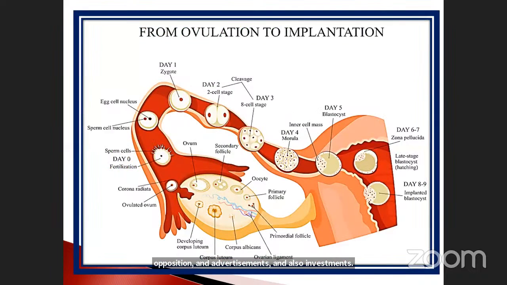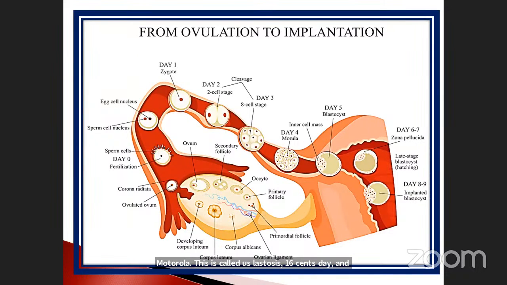We already discussed these things: fertilization takes place in the fallopian tube, and then on day 8 to 9 implantation happens. This is called the zona pellucida. See the blastocyst and inner cell mass; the morula is the 4th day, and the blastocyst is the 16-cell stage. Then it enters the endometrium.